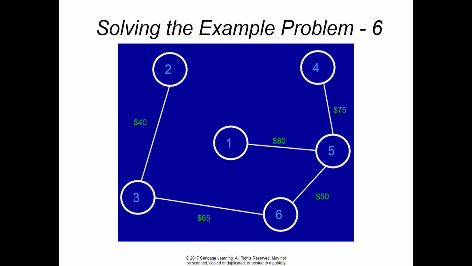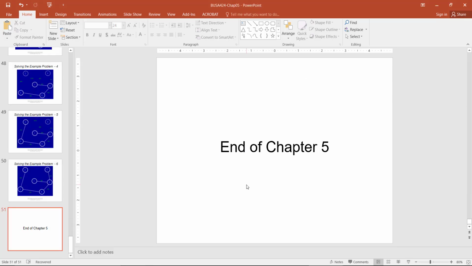Network flow is one of the most important problems that we may see in practice. Using a little imagination and creativity, you can apply it to a lot of problems. So this is the end of the chapter, and thank you.